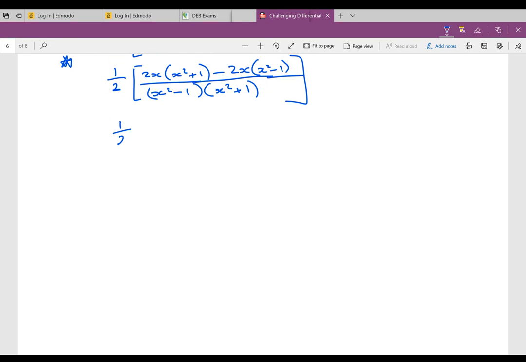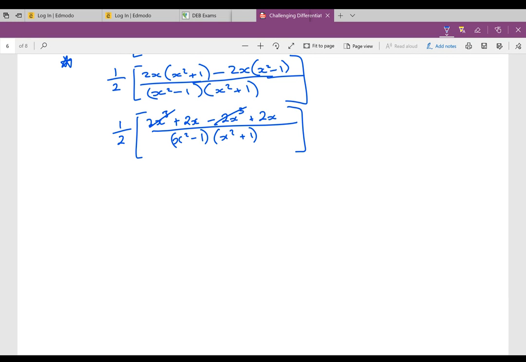So then you've got a half times 2x cubed plus 2x minus 2x cubed plus 2x over (x squared minus 1)(x squared plus 1). They cancel off.